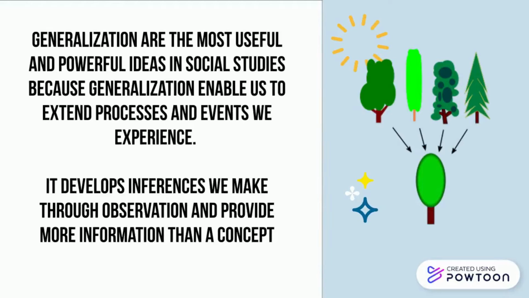Generalizations are the most useful and powerful ideas in social studies because generalizations enable us to extend processes and events we experience. It develops from inferences we make through observations and provides more information than a concept.